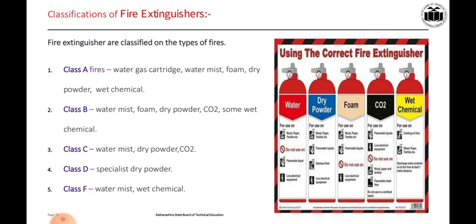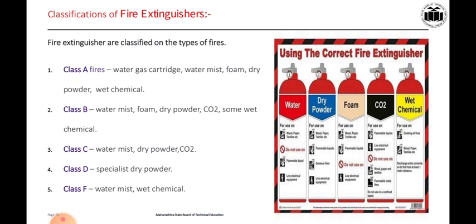Next, classification of fire extinguishers. Fire extinguishers are classified on the types of fire. Class A fires: water gas cartridge, water mist, foam, dry powder, wet chemicals. I think you may have observed the cylinders of the fire extinguisher at our department in the front side of the building, which is a red colored cylinder.